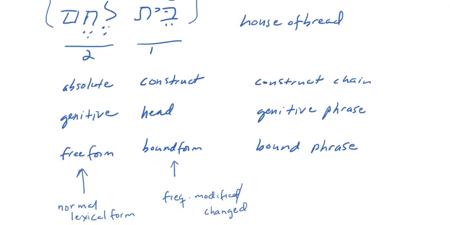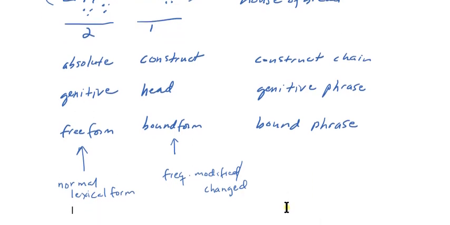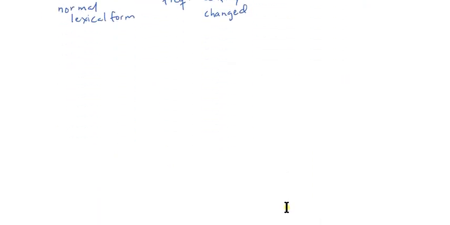Okay? Now, here are some things that we need to know about construct chains. The first thing is this. Thing one is the construct form, the head noun, or the bound form. Whenever thing one gets put in a construct chain, it will lose its stress.